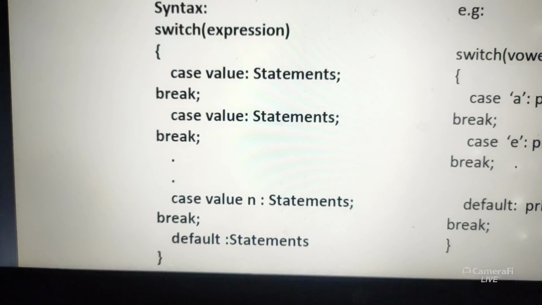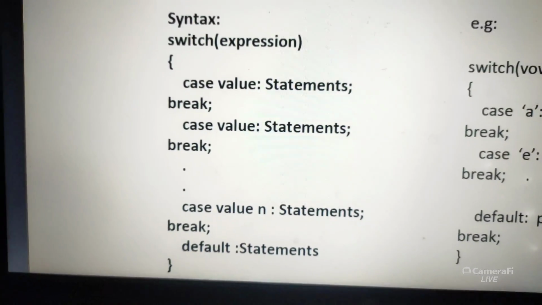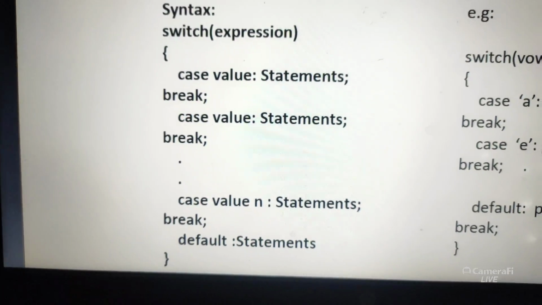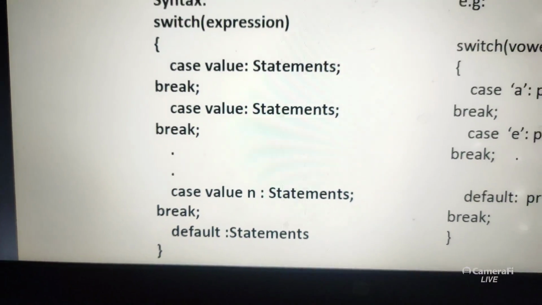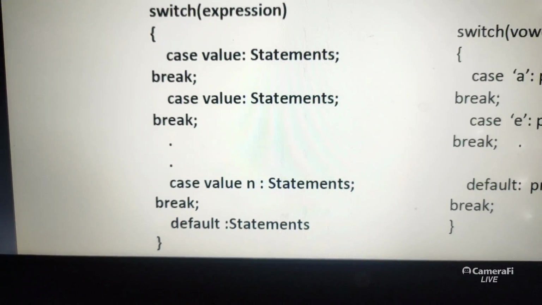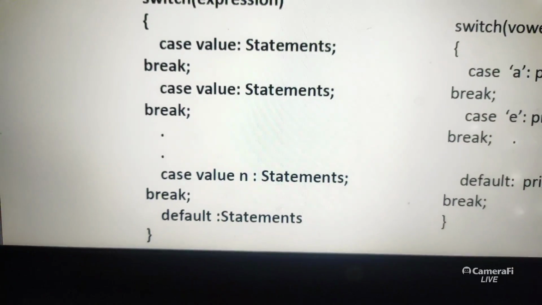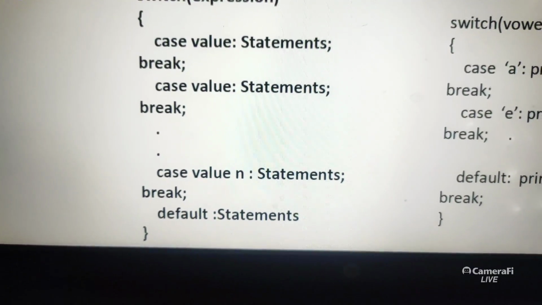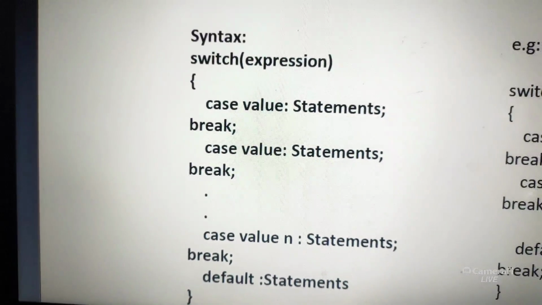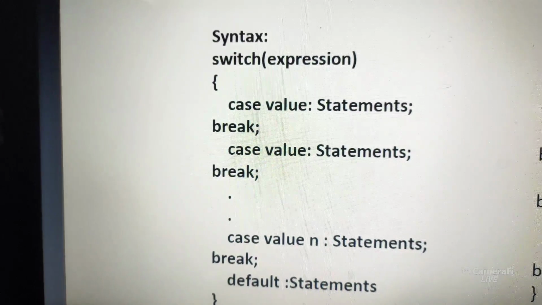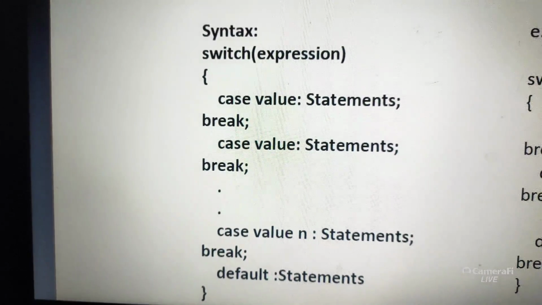Like case value Samsung TV, case value Sony TV, case value Oppo, LG TV, BPL TV. Like that all the values and data should be there. I will choose one TV. Each of the available values in the list is called the case value.